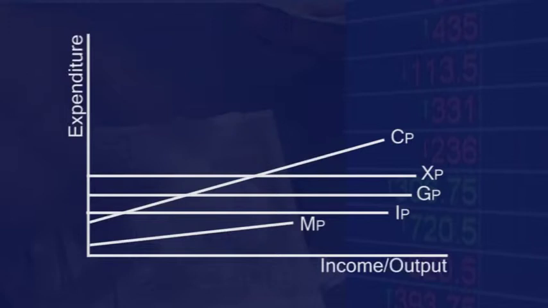What we'll now do is sum these together to give us planned aggregate demand. So what we're doing now is adding together plans to consume, C, plus I, plus planned G, plus planned X, minus planned M. Remember that the extent to which we buy imports reduces our demand for currently produced goods and services in our own economy.